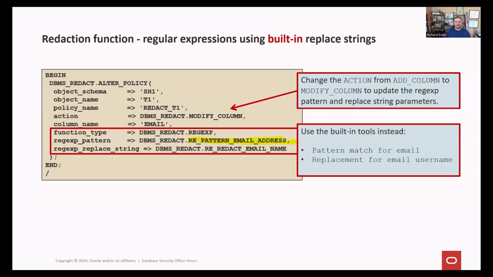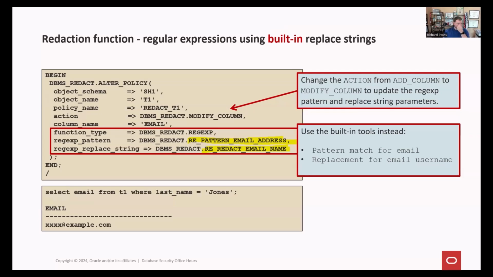It's an email address, and we're telling it what we want to redact. We want to redact the email name, so the first half of the email, not the domain, the user itself. So instead of Emily Jones, we're going to see 4 X's. That's how this built-in pattern redacts that data for you.